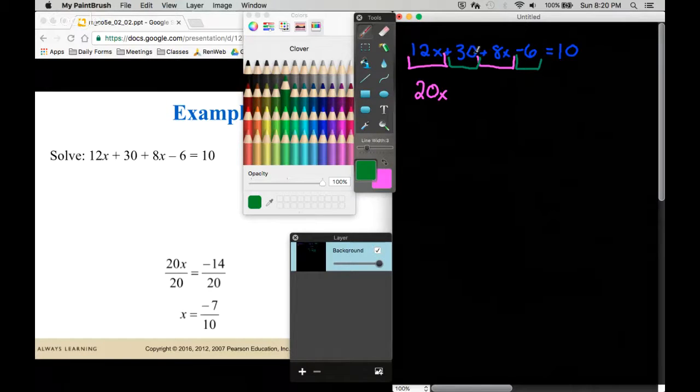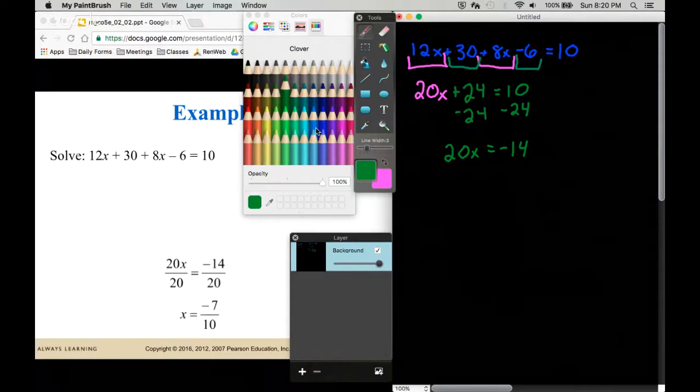And you have 30 minus 6. Okay, 30 minus 6 is going to be plus 24 equals 10. Subtract 24 from both sides. And you're left with 20x equals negative 14.